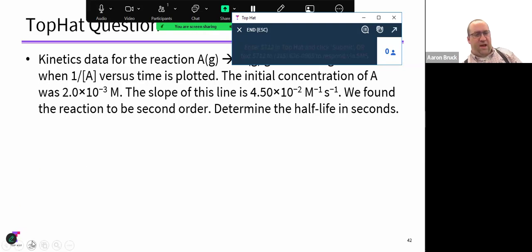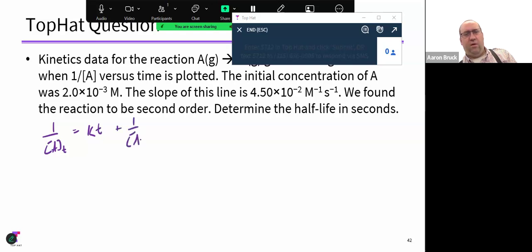And what we want to set up is, since this is second order, we are going off of this second order integrated rate law, which is this.